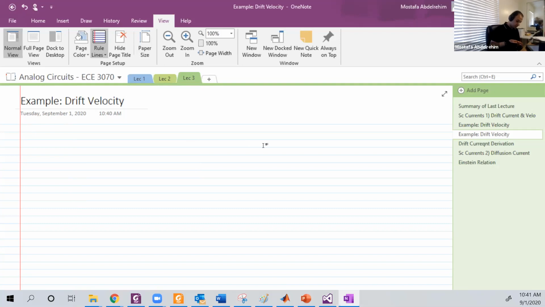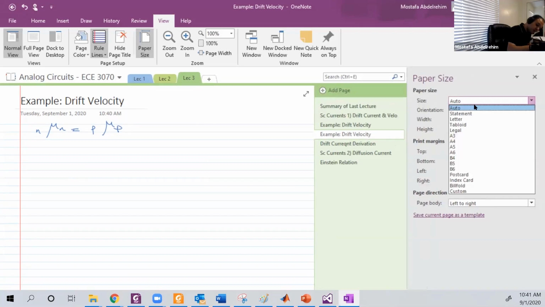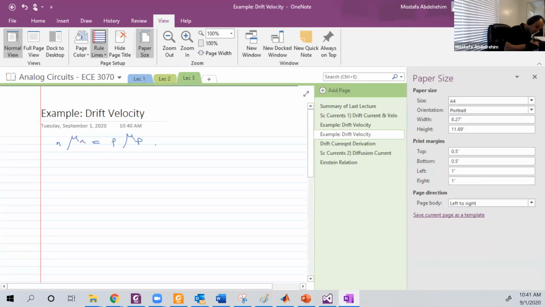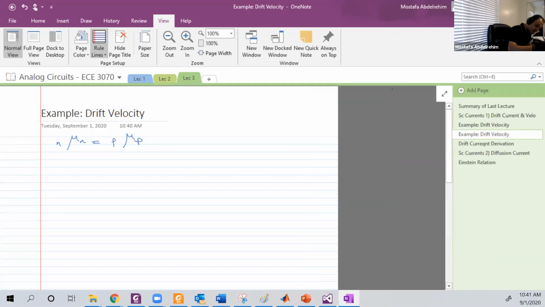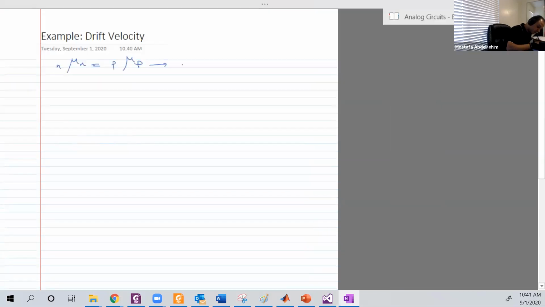So n mu n should be equal to p mu p. Based on that, n will be equal to p mu p over mu n. But now, how much doping should I do?